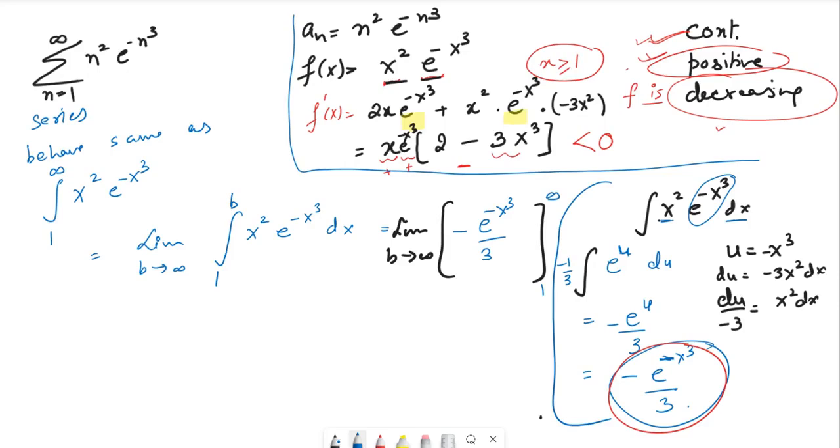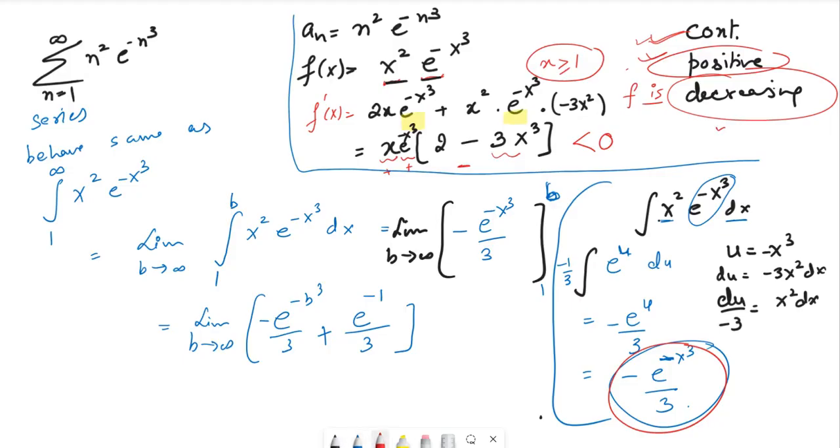How do we handle the definite integral limits? We put the upper limit minus the lower limit, right? Limit b approaches infinity, e to the power negative b cube by 3 minus e to the power negative 1 by 3. It's going to become positive because two negatives.